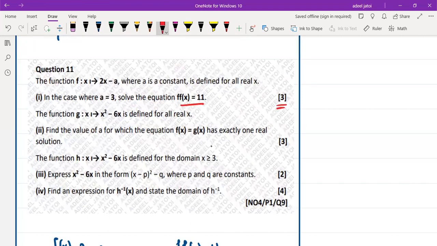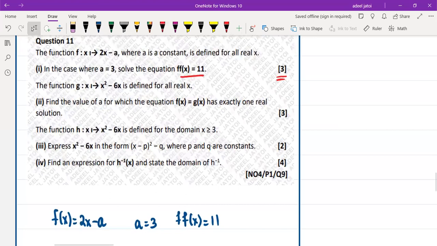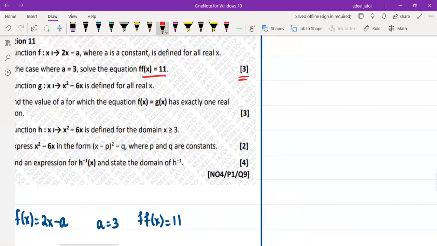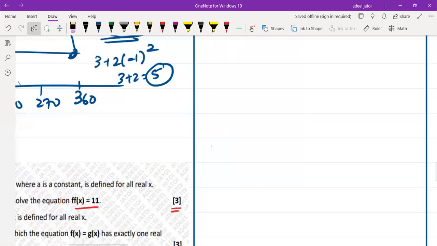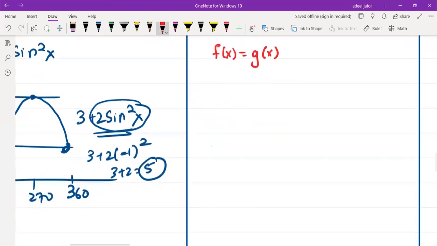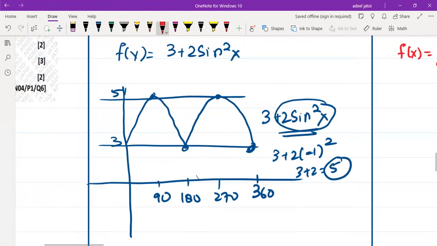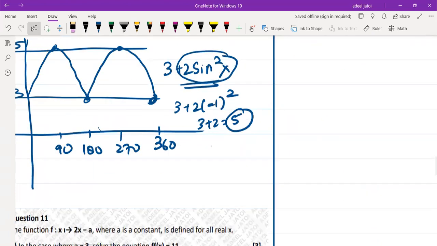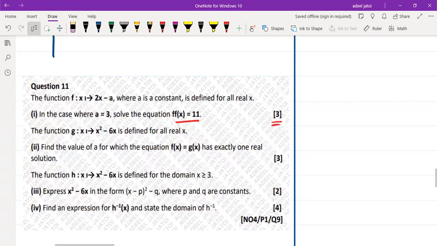Then the question says that the function g(x) is x square minus 6x, defined for all real x. Find the value of a for which f(x) is equal to g(x). Now, if we do f(x) is equal to g(x), what does it mean? Your function f(x) is defined again that it is 2x minus a.